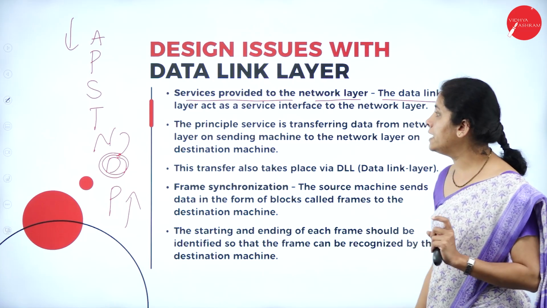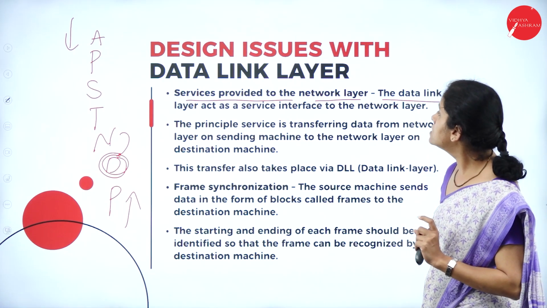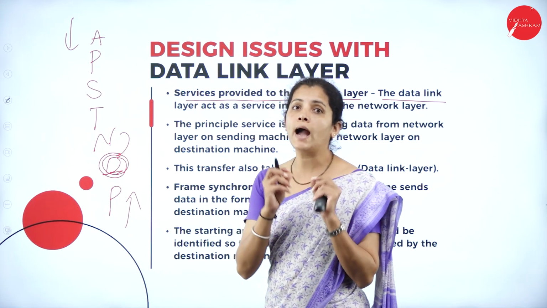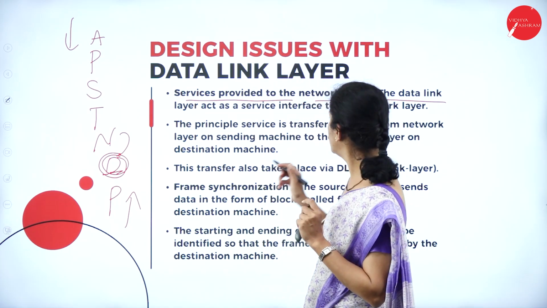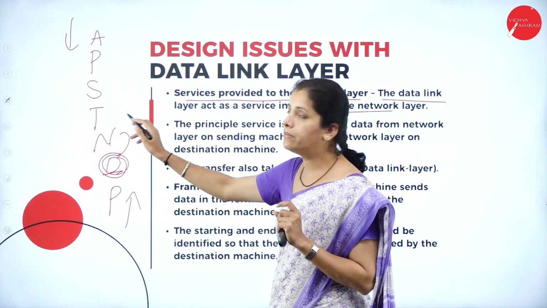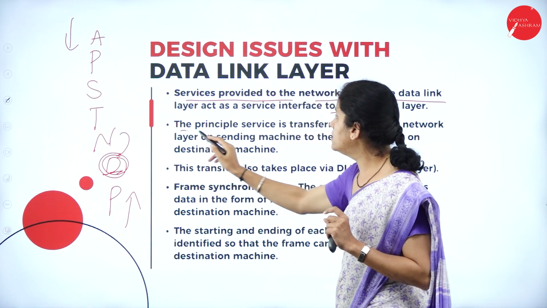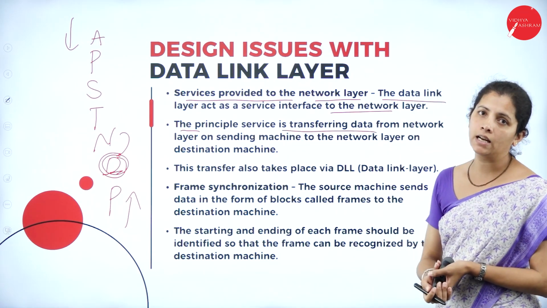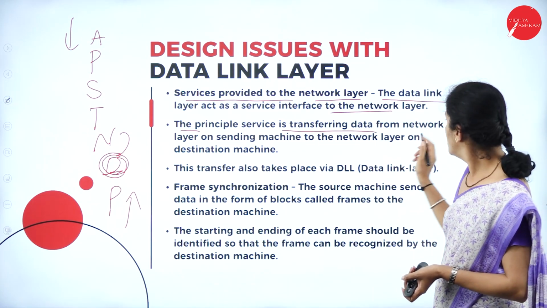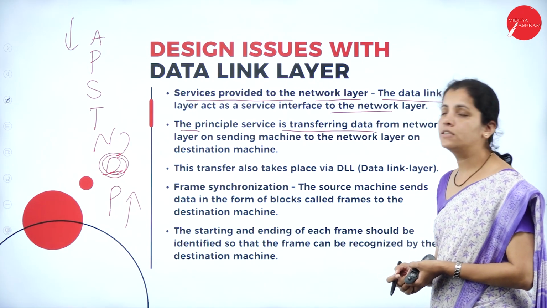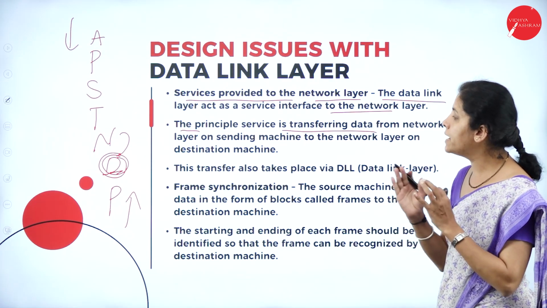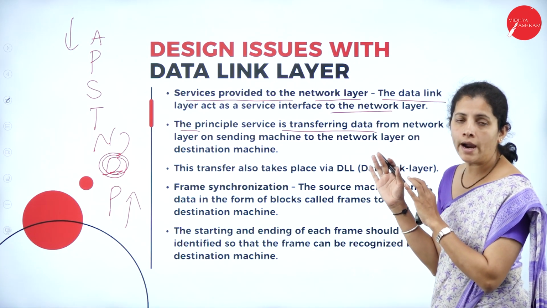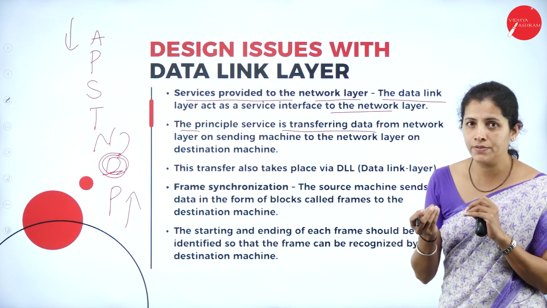The data link layer acts as a service interface to the network layer. The principal service is transferring the data from the network layer on the sending machine. So what is the main principal service this data link layer must provide? That is nothing but data transferring.